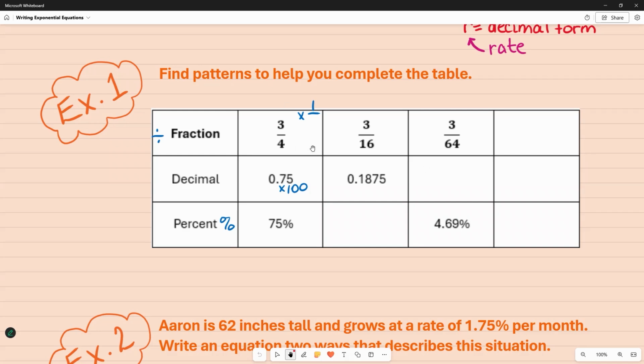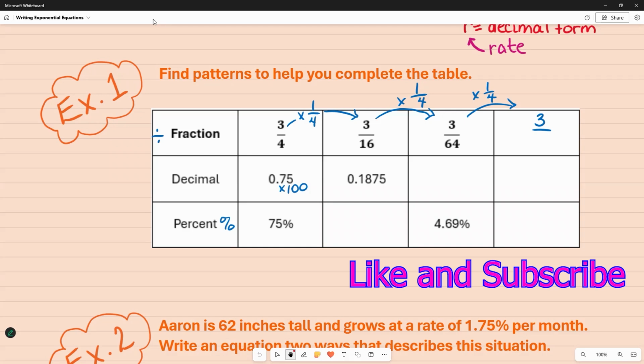If I don't know 4 times what is 16, then work backwards. What's 16 divided by 4? It's 4. So let's test it to see if I'm still multiplying by 1/4 here. 3 times 1, 16 times 4. Yes, I am. That means I can fill in the last fraction. If I take 3 times 1, that's going to give me another 3. And then 4 times 64 is going to give me 256.